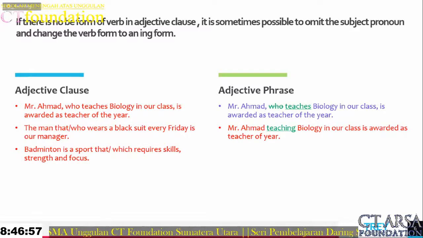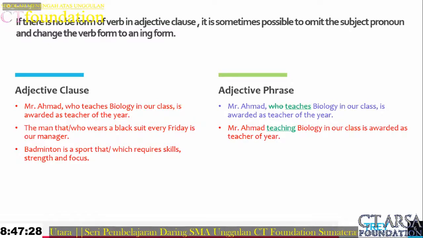Number two, can you change it into an adjective phrase? The man wearing a black suit every Friday is our manager. That's correct.